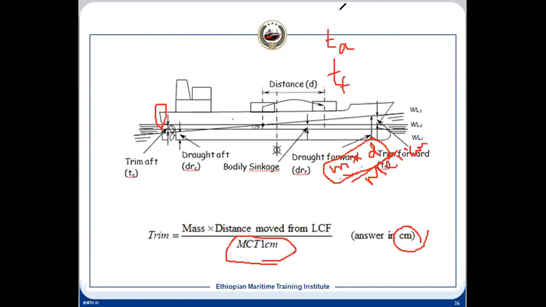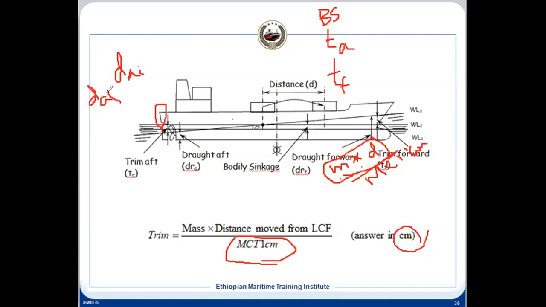And the other thing we have got is called bodily sinkage, because we have added mass. And if we know the initial draft, suppose draft aft initial, can we calculate the draft final aft? Yes, we can.